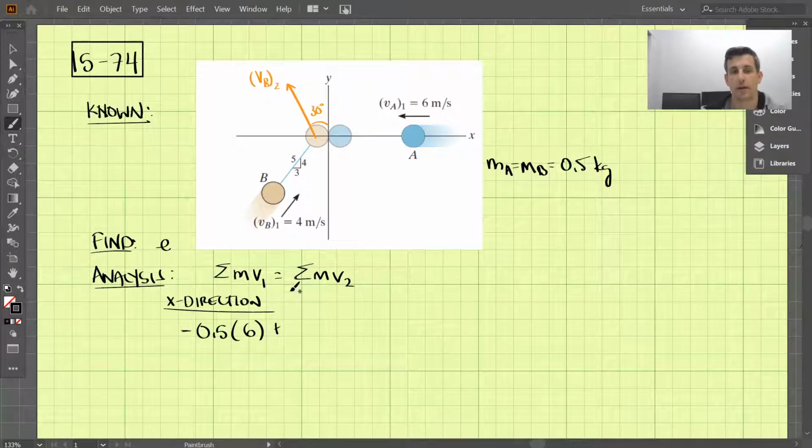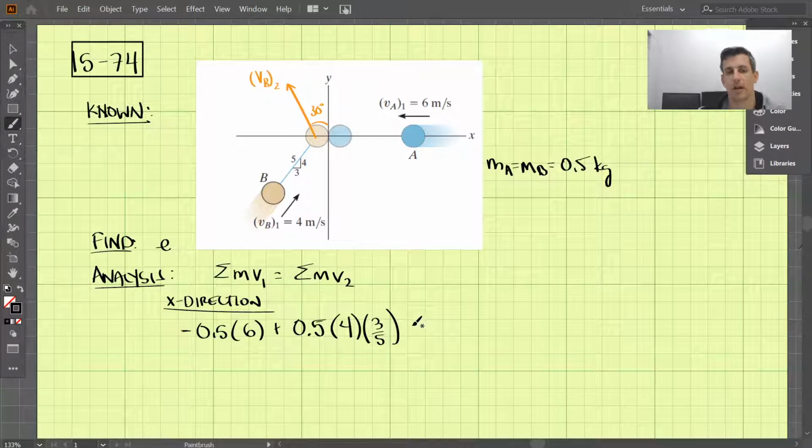Disk B is 4 meters per second, so we have the mass of 0.5 times the velocity of 4, but in the x direction it's just a component of that, which is 3/5. Then after impact, we have 0.5 for the mass of A, and we're going to assume that A travels in the positive x direction after the collision.